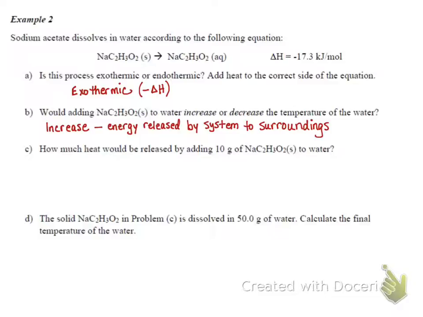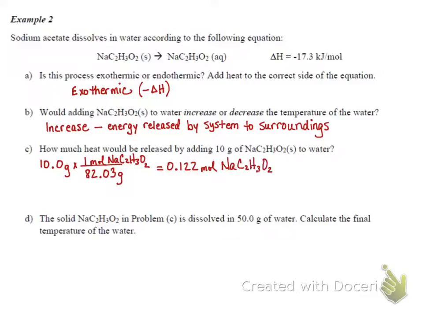So how much heat would be released by adding 10 grams of sodium acetate to water? So again, the 10 grams, we're going to have to convert that to moles because we have our delta H in kilojoules per mole. So 10 grams of sodium acetate divided by its molar mass gives us 0.122 moles of sodium acetate.